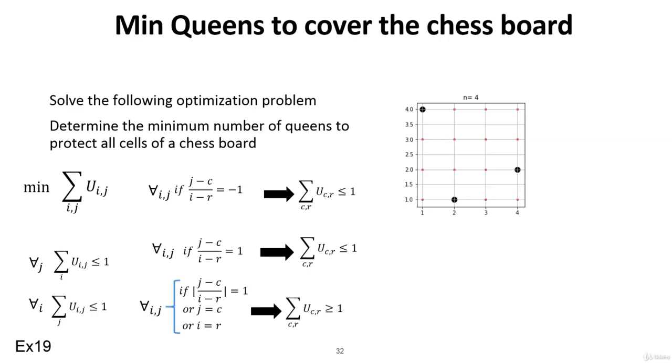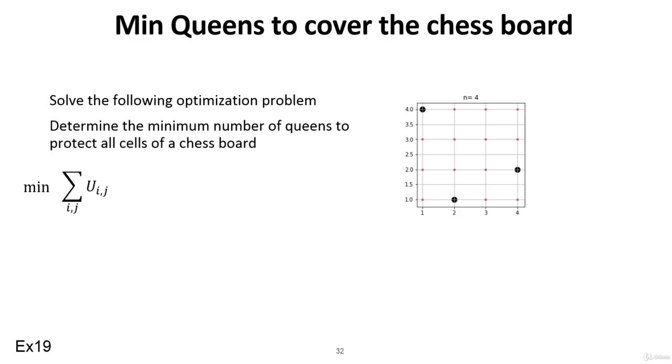The last condition, so whatever we talked about, this problem is called minimum queens to cover the chessboard. In this specific problem we are trying to find out the minimum number of queens required for protecting or covering all the cells.